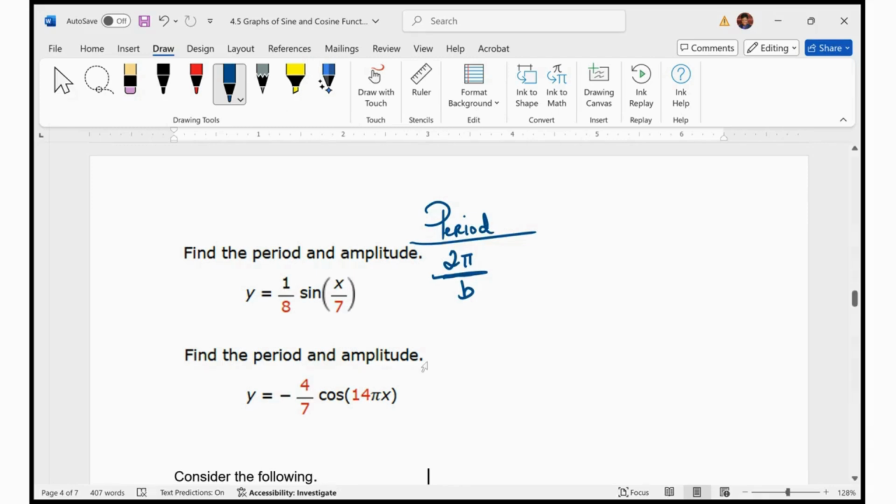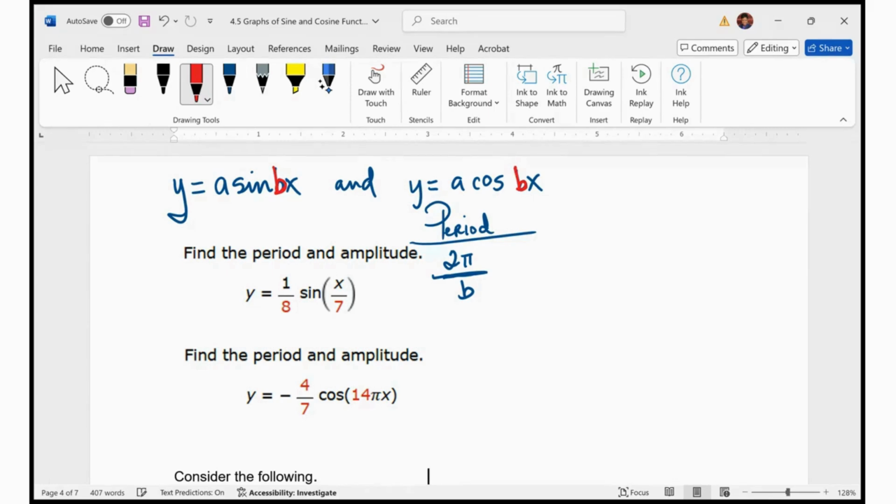Let me write it down. So what is b then? Y equals a sine bx and y equals a cosine bx. b is the number in front of or attached to x.